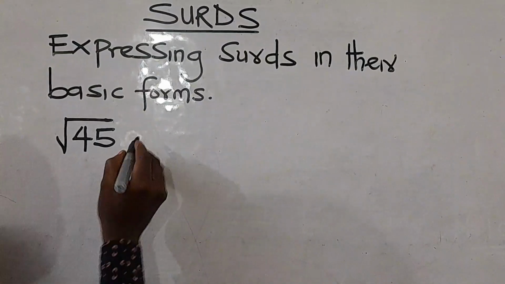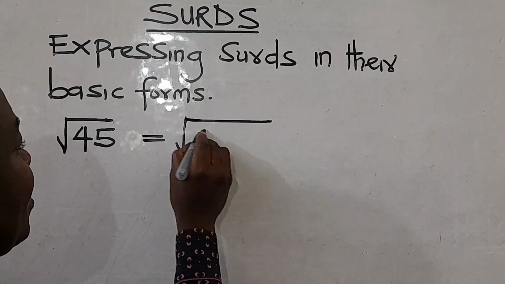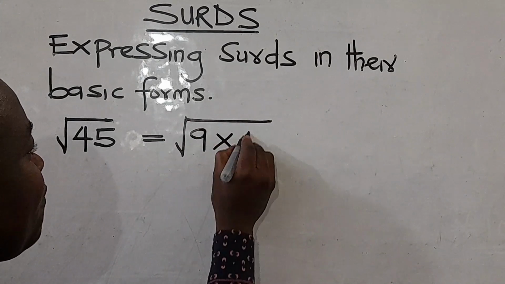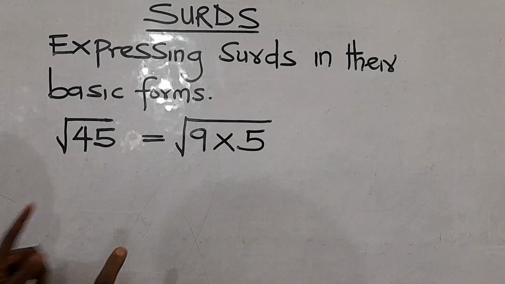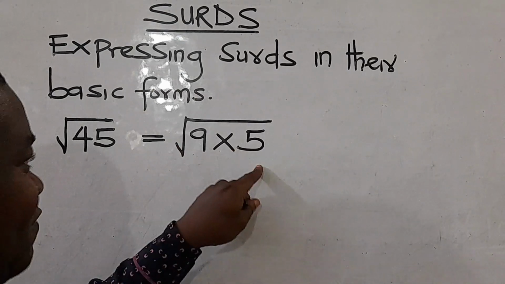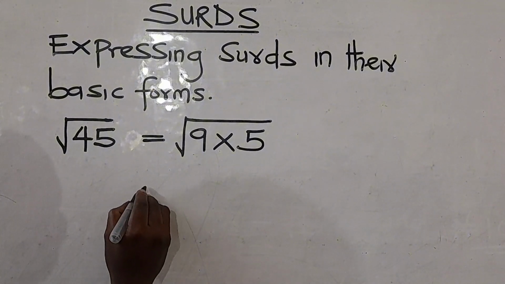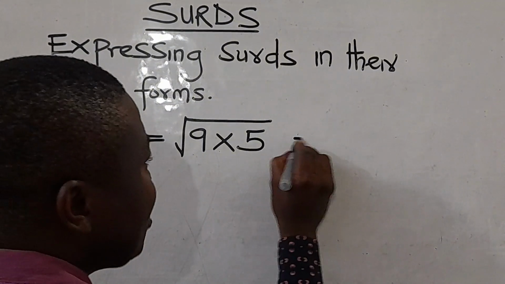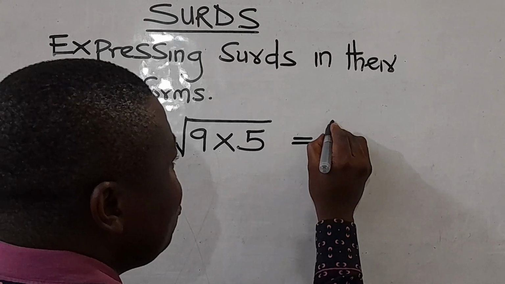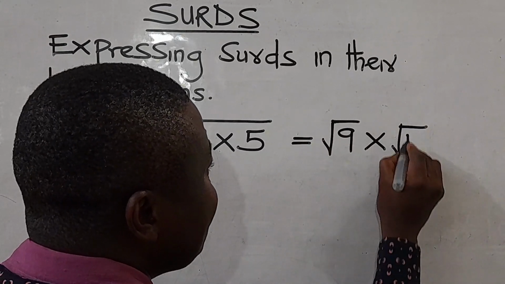So we will now change this to root 9 times 5. The highest square that can divide 45 is 9, and we know it's 9 times 5 that gives 45. So gradually we break them down just as we have in the surd rules.